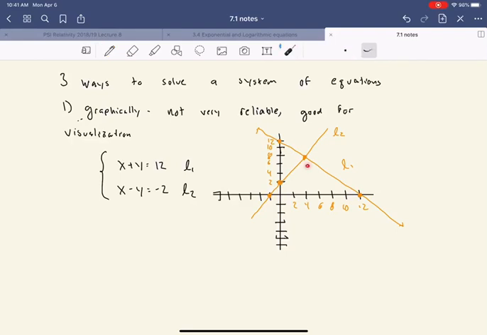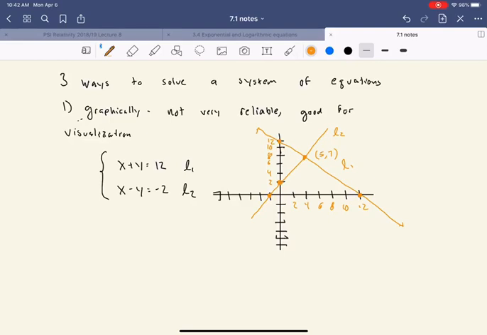So let's just check. 4 plus 8 is 12. 4 minus 8 is not negative 2. So let's try instead, maybe 5, 7. 5 plus 7 is 12. 5 minus 7 is negative 2. That works.